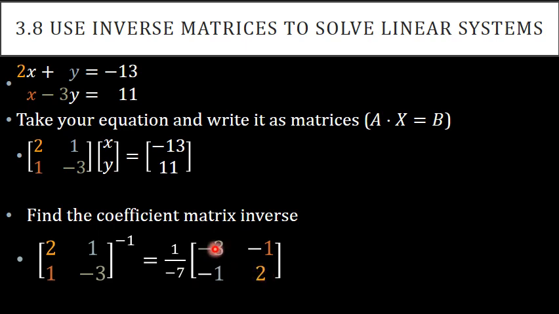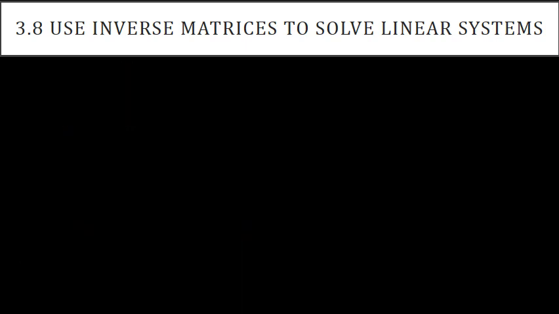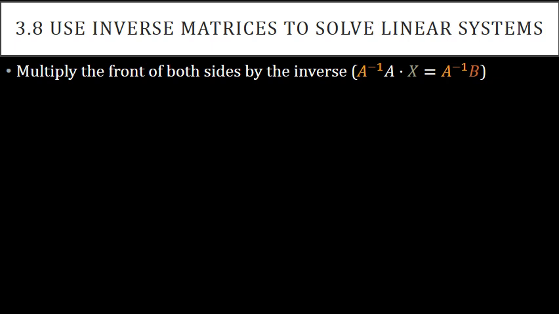Then we have the mixed up matrix: the negative 3 and the 2 traded places, and the 1's got the opposite sign. So I'm going to multiply the front of both sides by that inverse. The left side cancels out, this part cancels out, leaving just the x.